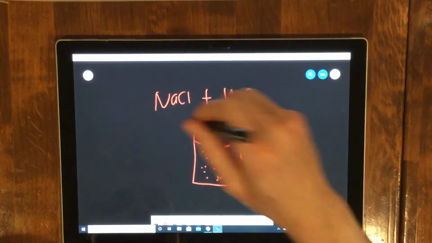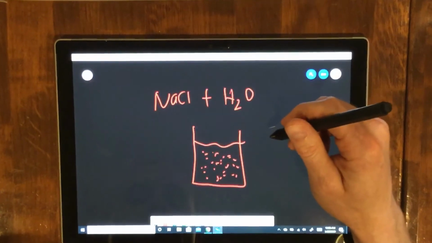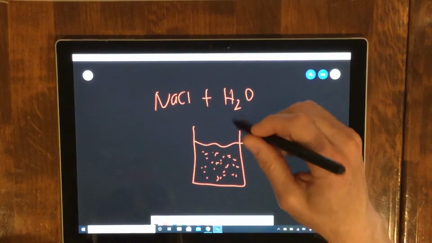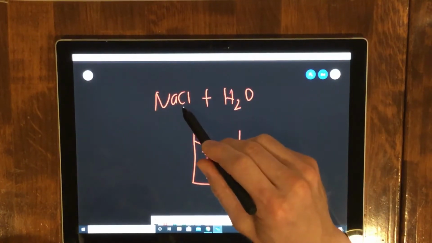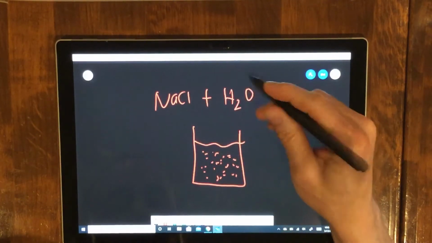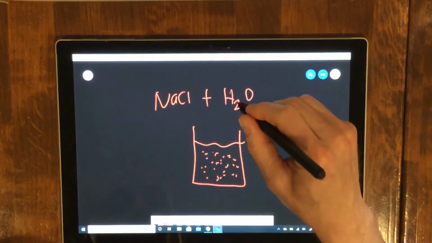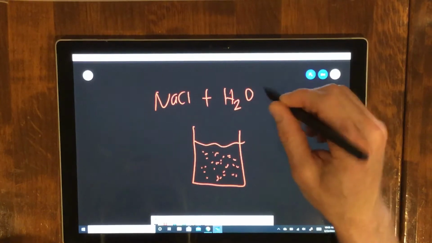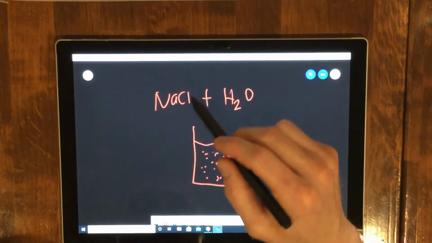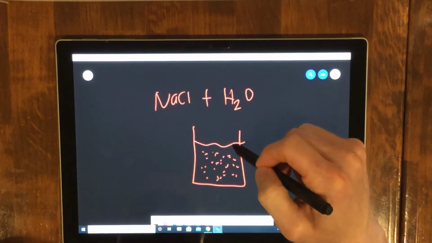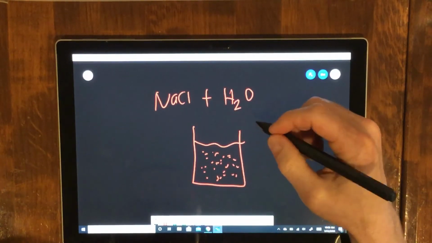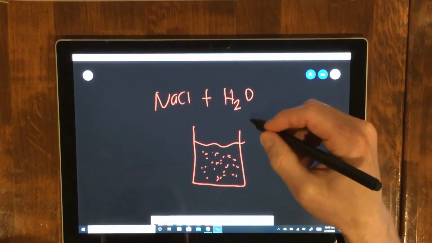But the dots are the NaCl. The only reason it dissolves is because the attraction between salt and water is greater than the attraction for water and itself and salt and itself. If salt wasn't more attracted to water, it wouldn't make a solution, a homogeneous solution.